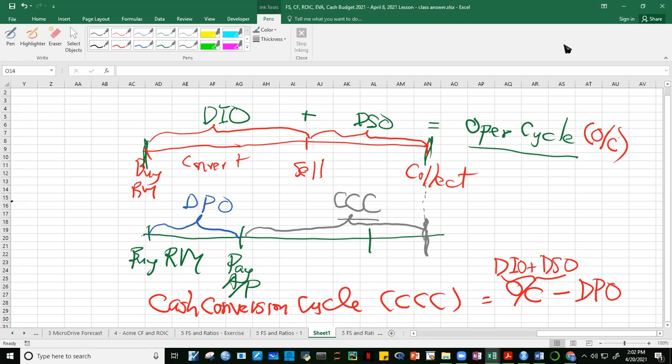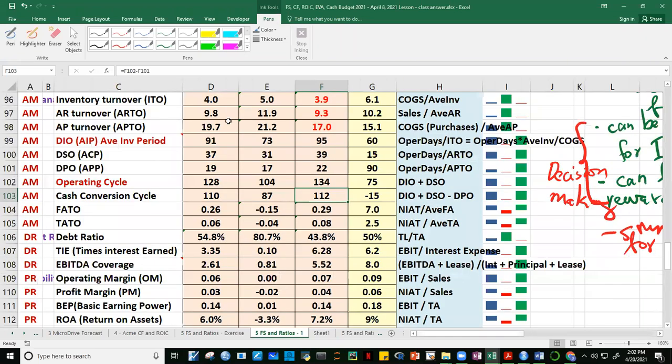Okay. Pero let's elaborate natin, ha? So, tingnan nyo itong diagram natin, guys. Kailan pa mako-collect yung cash dito? Lagyan natin ng figures, para may numbers. DIO natin, 95 tsaka 39, no? 95, 39, 22.